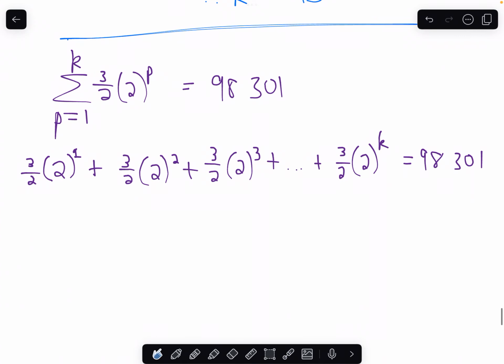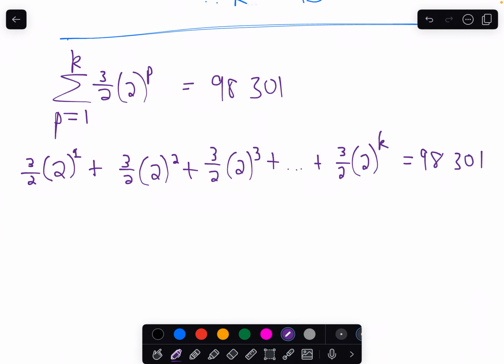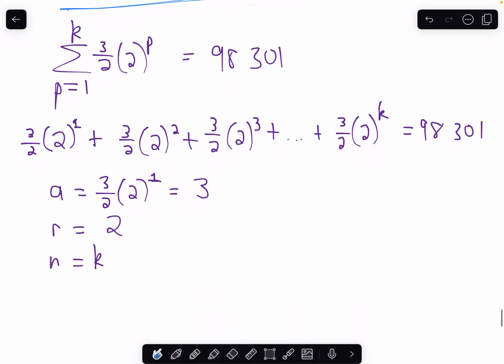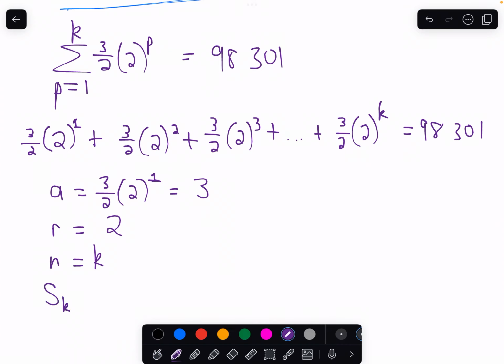So you would be able to see that this is a geometric series where the first term is 3 over 2 times 2 to the 1, which is the same as 3. And your r is 2, and your n is k, and you're told that the series is equal to 98,301.